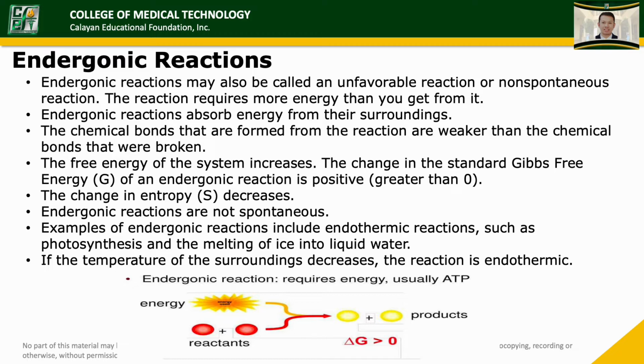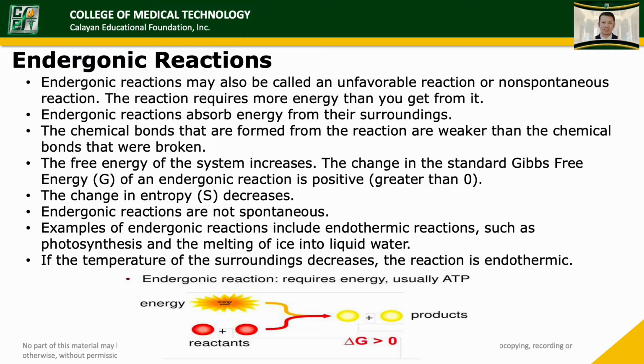So examples of endergonic reactions include endothermic reactions, such as photosynthesis. In photosynthesis, it is endothermic because you'll be requiring energy from the sun for it to happen, as well as melting of ice into liquid water.